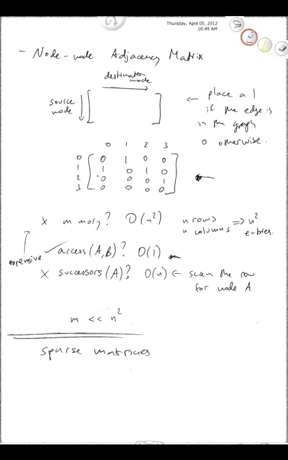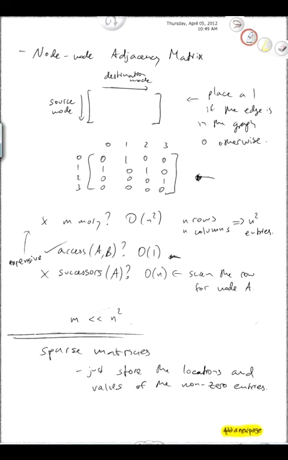And so the idea of sparse matrix formats is to not store all the extra zeros, is to just store the locations and values of the non-zero entries.